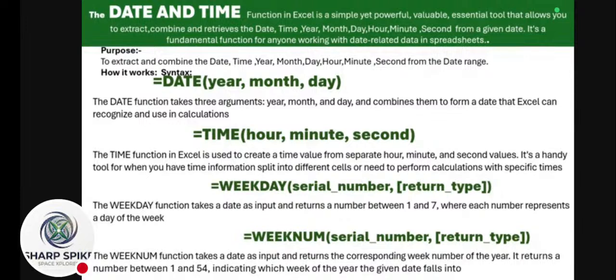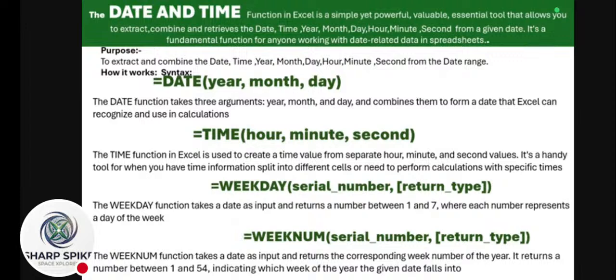Now the WEEKNUM function. The WEEKNUM function in Excel is designed to determine the week number of a given date within a year. It helps you categorize and analyze data on a weekly basis. Let's understand how this function works.